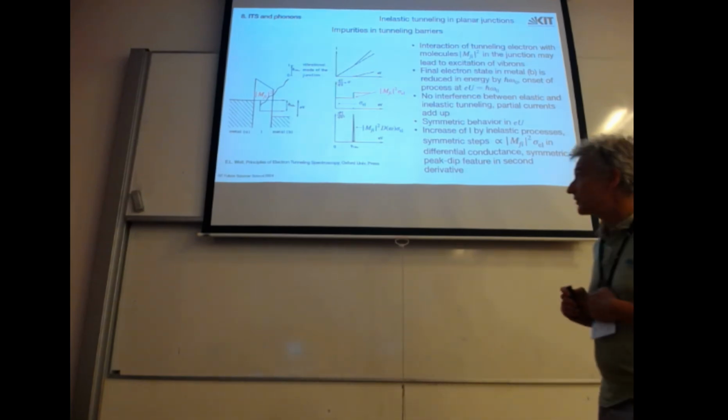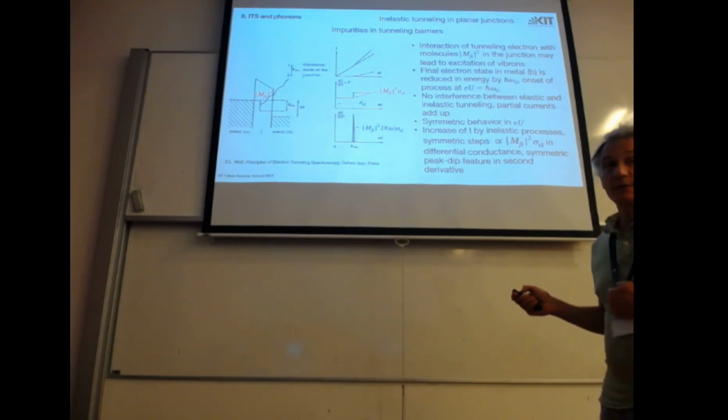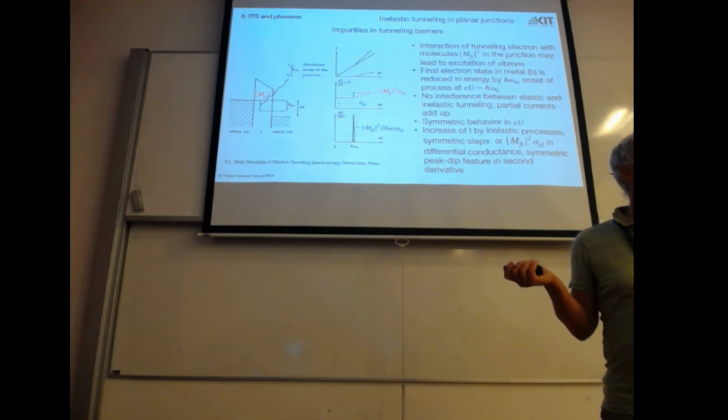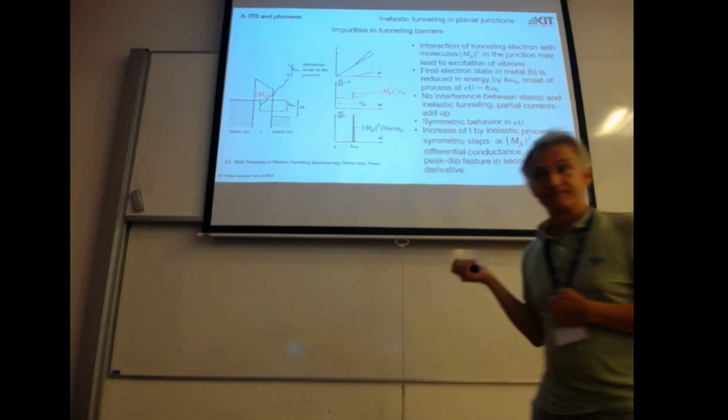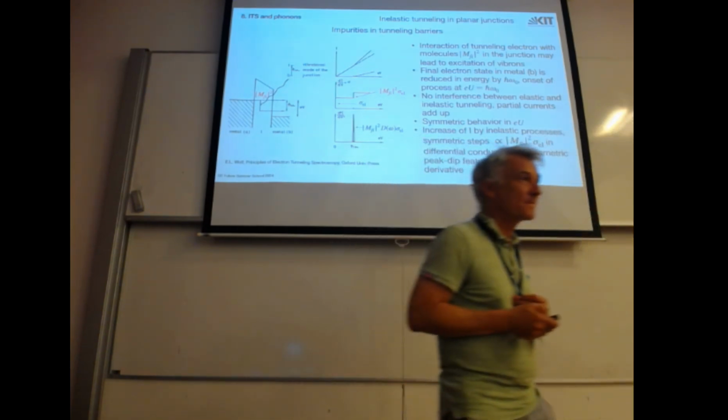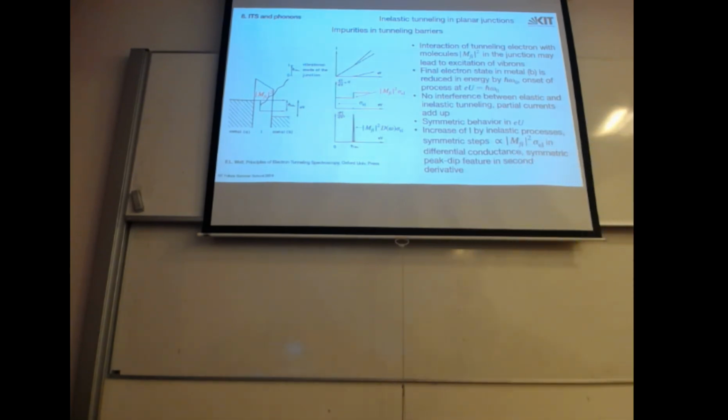And we only used that the density of states should not vary on the energy scale that we are talking about here. But we also assume that interaction between electron and phonon is not important. Yes, so here I have no interactions. So all my inelastic properties are happening in the barrier. I will lift this constraint later.